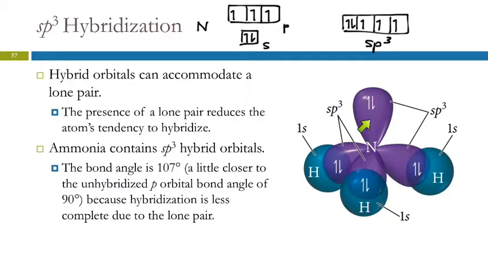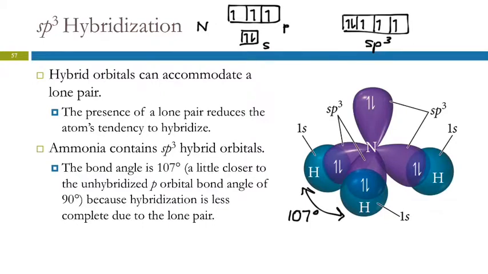We've got this lone pair up here. Valence bond theory explains the change in angle a little bit differently than VSEPR theory does. So what we observe is that the bond angle here between the hydrogens is 107 degrees.